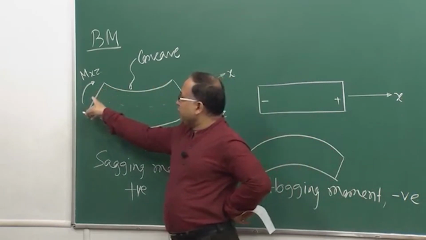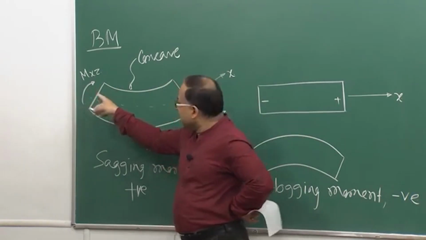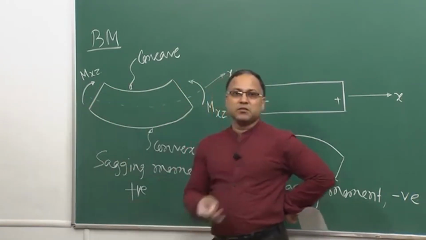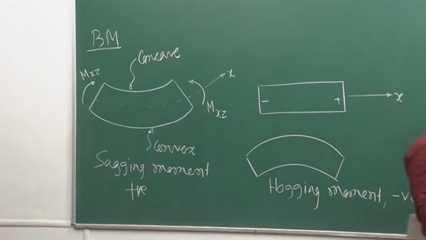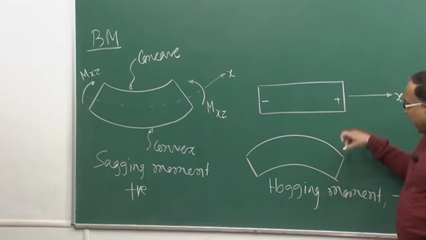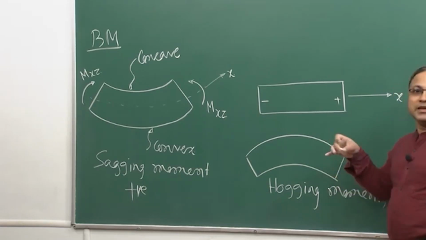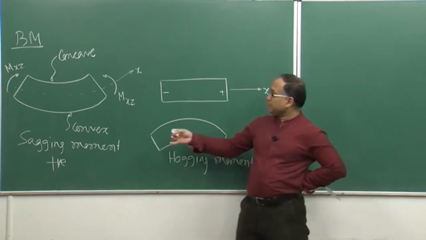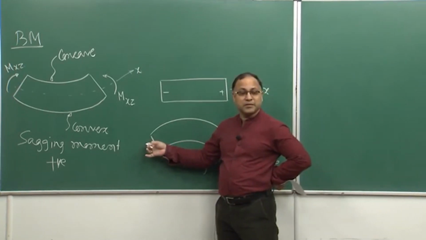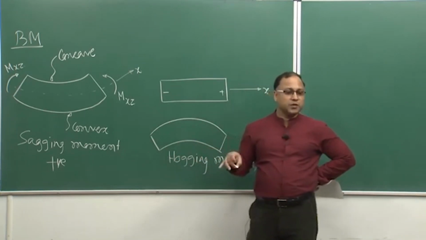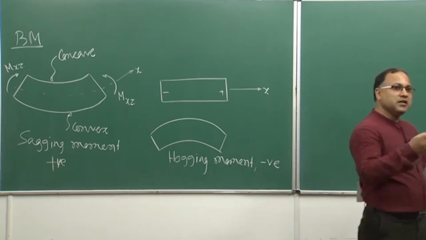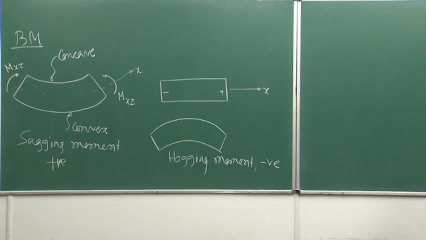If you have the positive moment on the positive x plane, and the positive moment on the negative x plane, then you will always get this kind of sagging nature of the bending. Similarly, if on the positive x plane you have a negative moment and on the negative x plane a positive moment, then that ultimately gives you the negative bending moment, right.